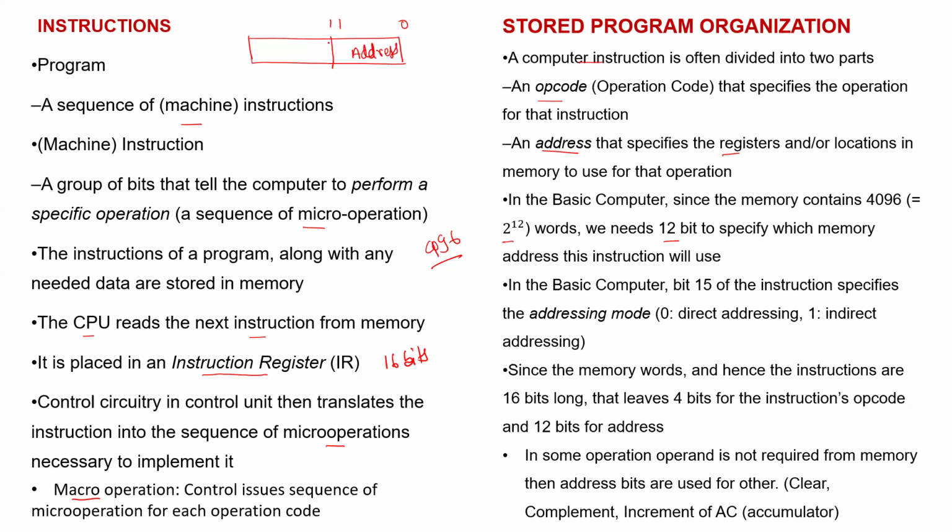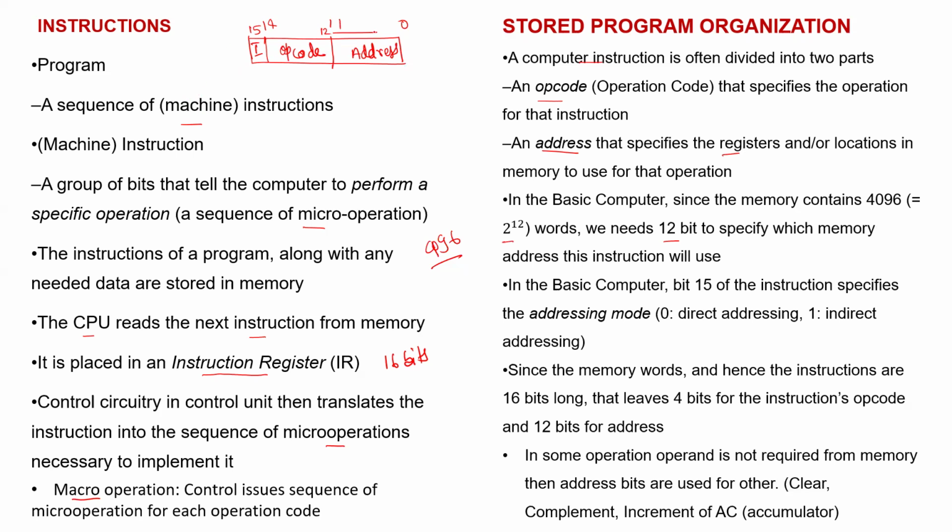Next, bits 12 to 14 give the information about the opcode. And the last, 15th bit tells which type of addressing mode we are going to use.